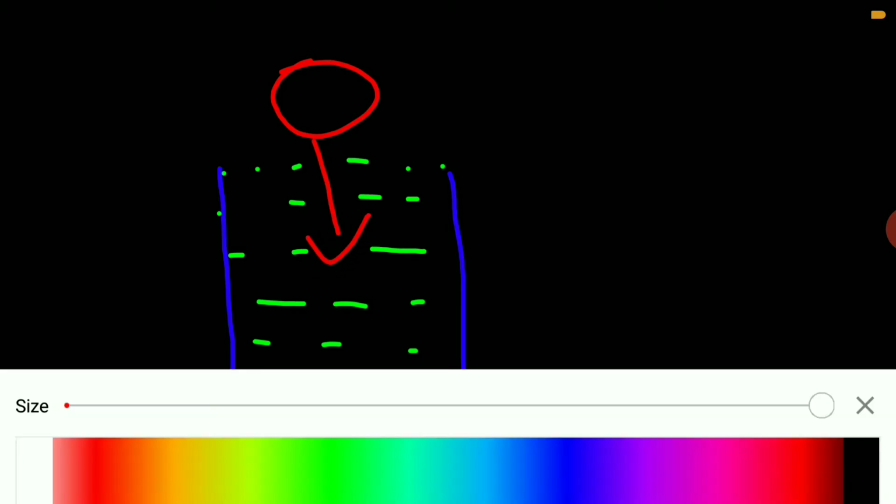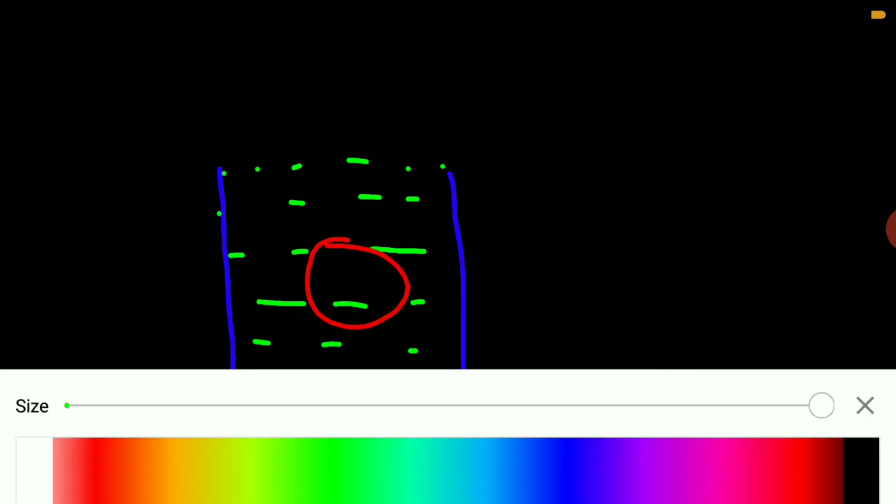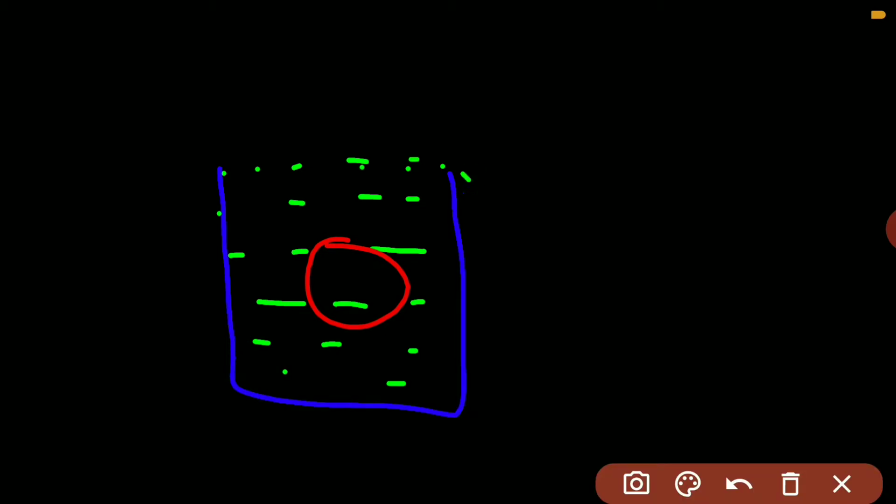So when the object is inserted inside the container, suppose the object comes here. Now what will happen is the water, or the liquid, will spill out.